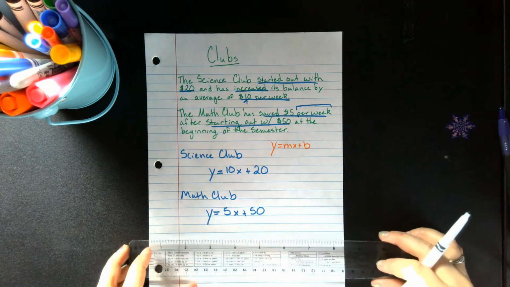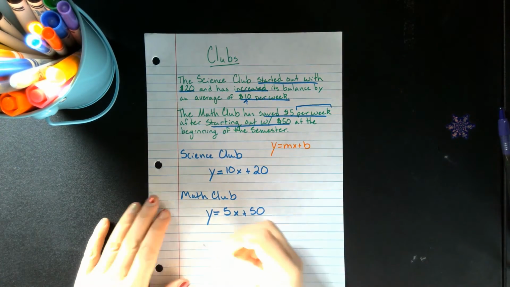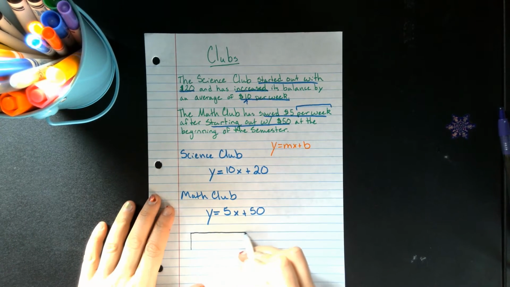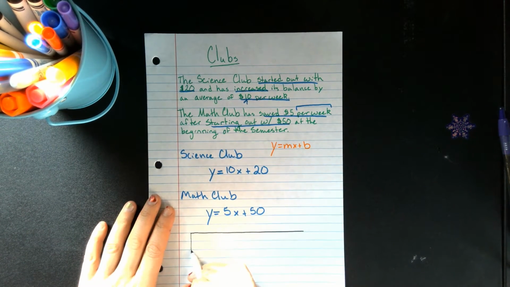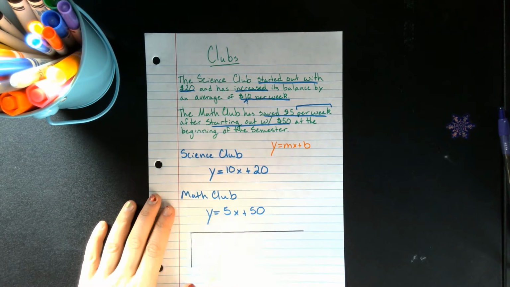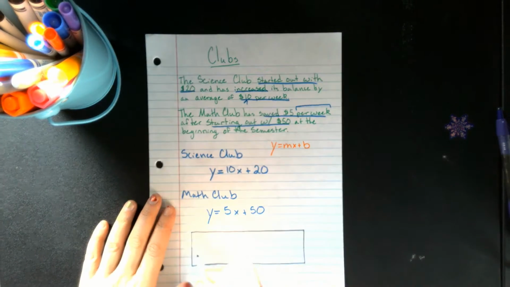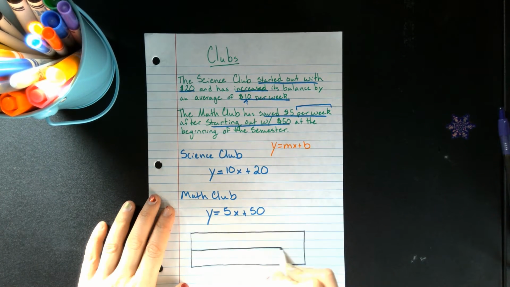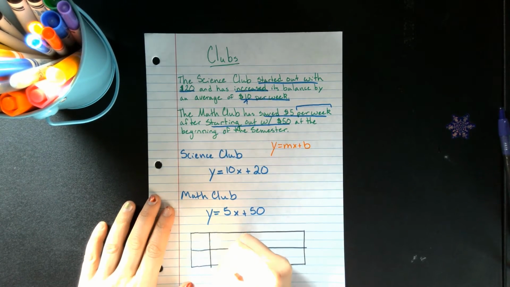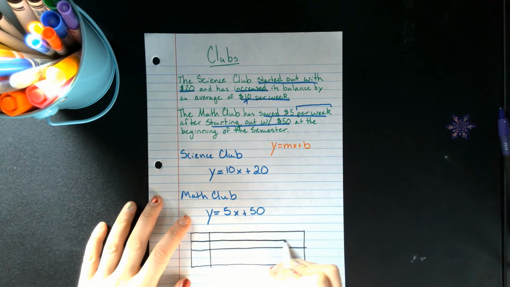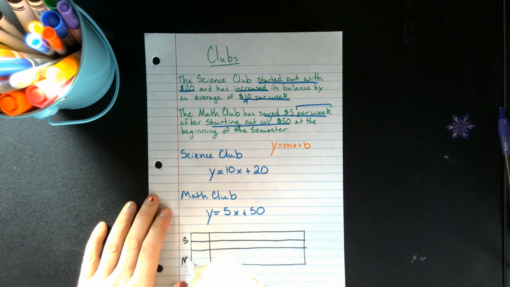Ms. Schmidt is going to remind you of this in the next couple lessons, but I'd like to show you here. So I'm going to create a double wide table. I'm going to have Science Club up top, Math Club on bottom.